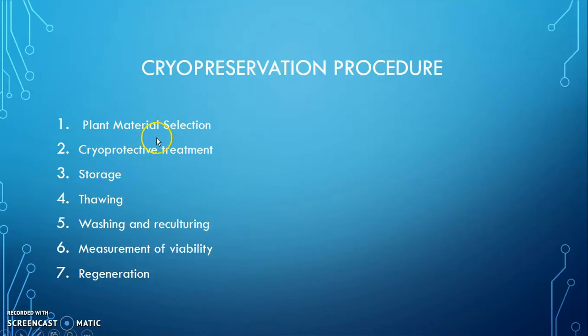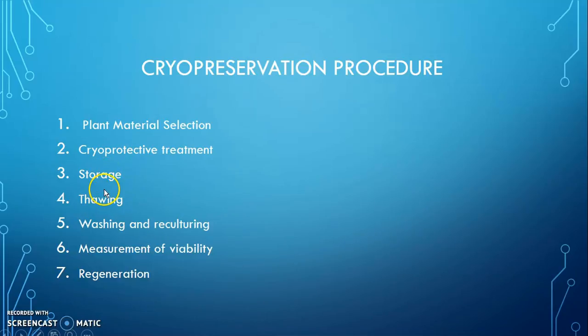The cryoprotective treatment counteracts the freeze harm that can be caused to the plant when it is frozen at low temperature. Storage. The storage can differ by the plant species that will be stored, and it can be done by slowly freezing or rapidly freezing the samples.